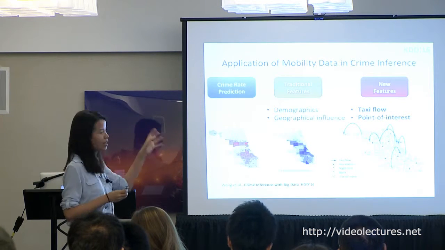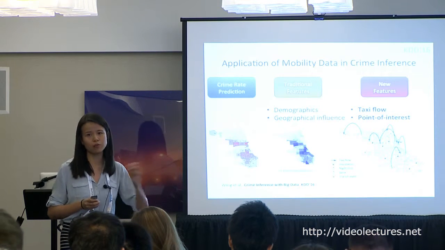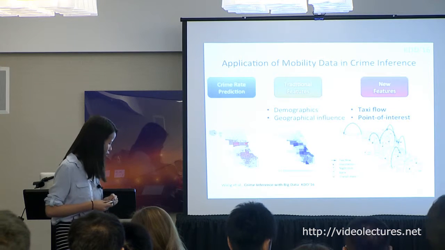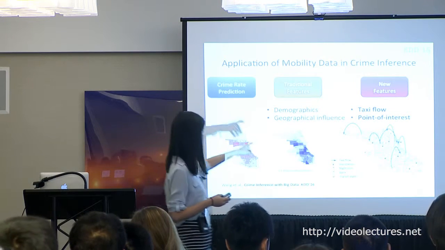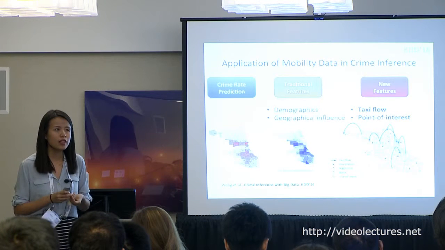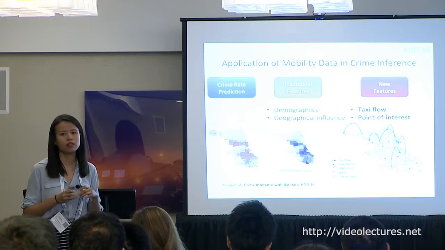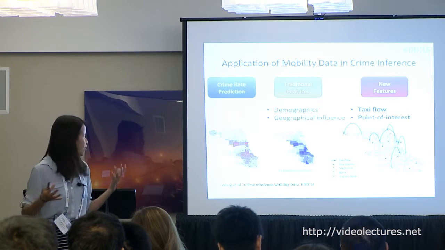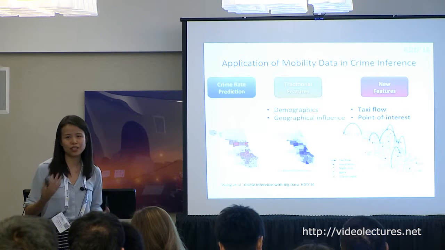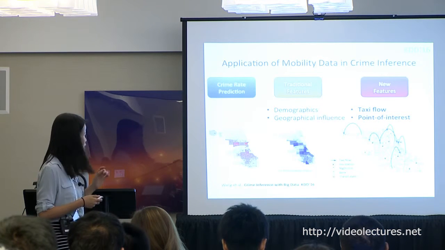They use this data to see the correlation with the crime rate, whether it's high crime or low crime, right? Another part they use is called geographic influence, and that's quite straightforward. If the nearby location is not safe, then this location is not safe. If we're geographically close, definitely we have similar properties.